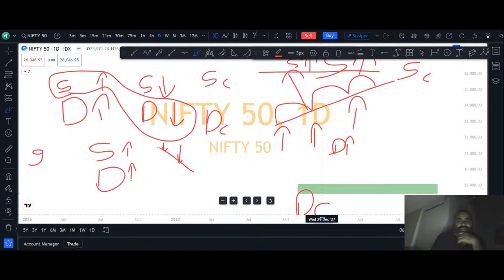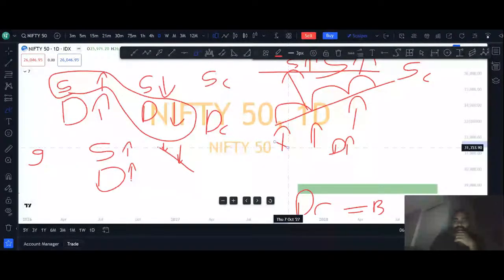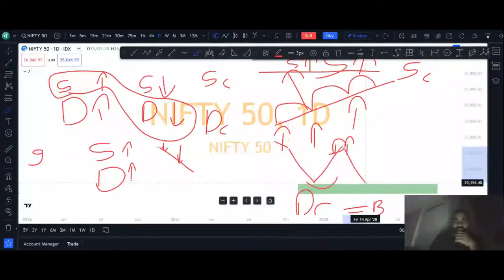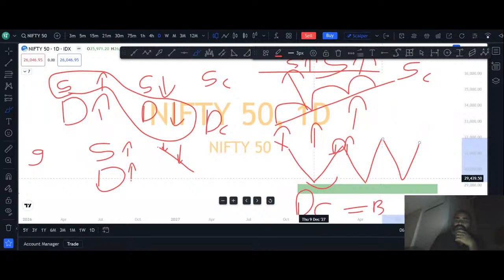Constant means there is an equal bottom. Whenever the price approaches this level, again it will bounce back here, right? This is called demand constant, which means there is an equal bottom here.